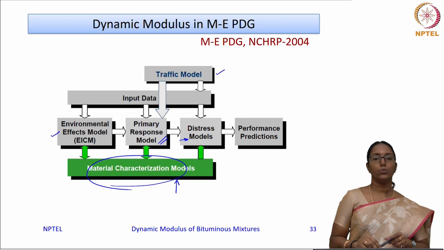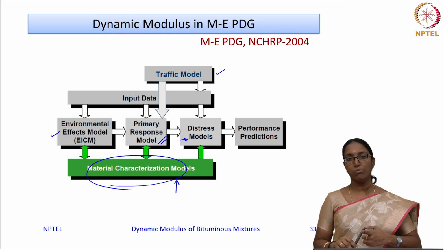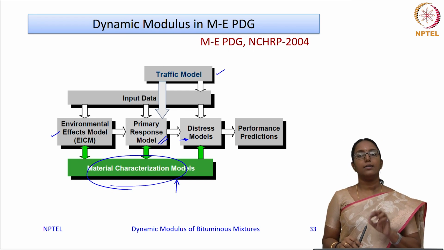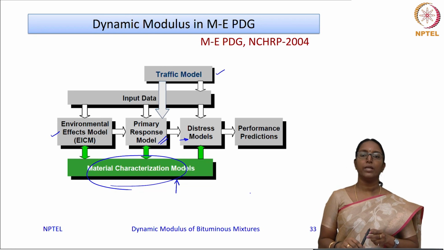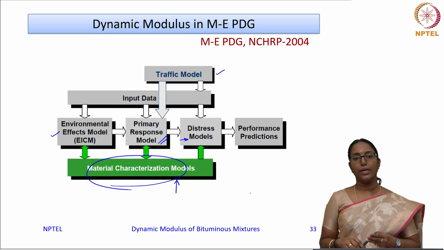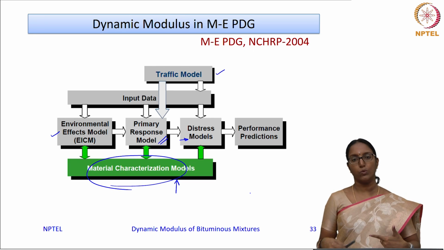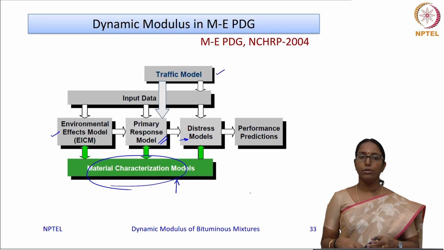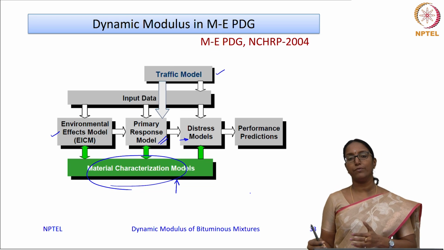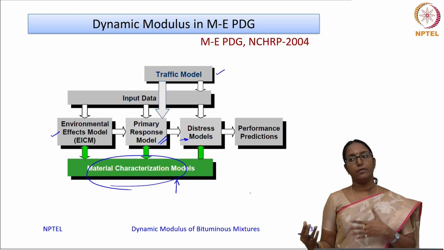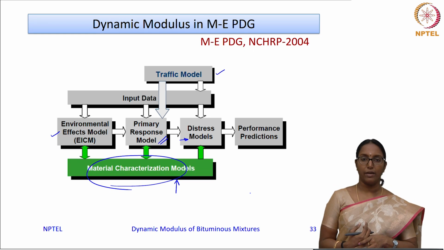To summarize, what we have seen is what a dynamic modulus is and what the stress function is, or how the loading is applied to test this material, what data you collect, and how we process this data in order to arrive at the dynamic modulus value as well as the phase angle value, and also at what temperatures and at what frequencies you have to do it is what we have discussed.